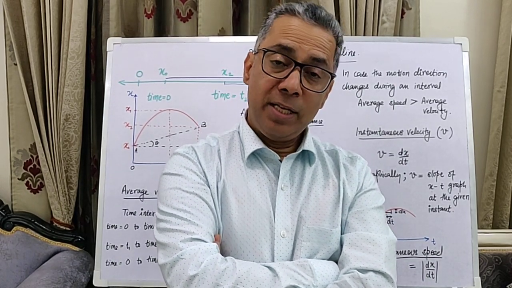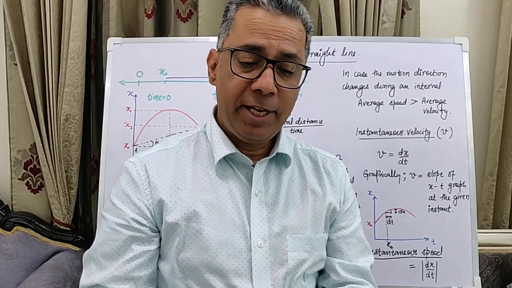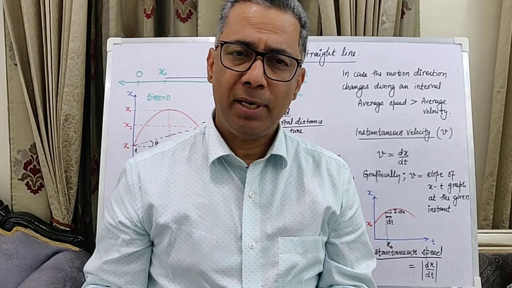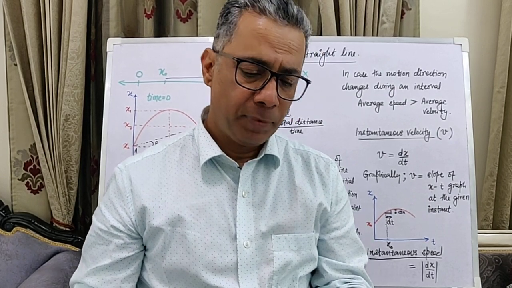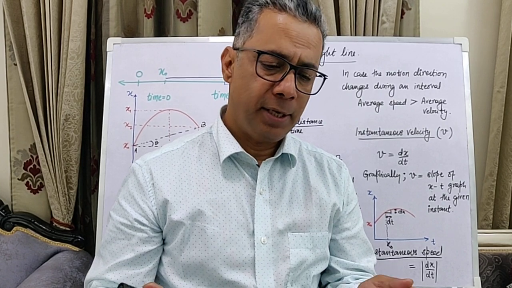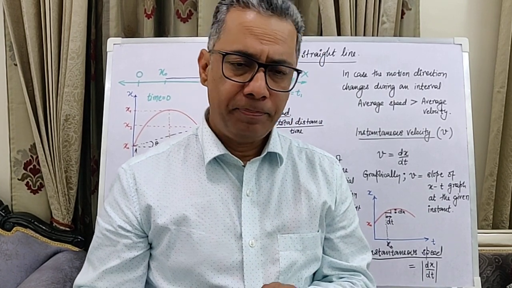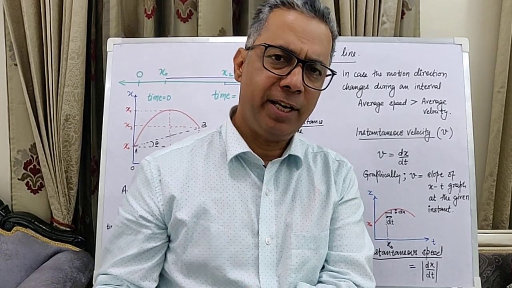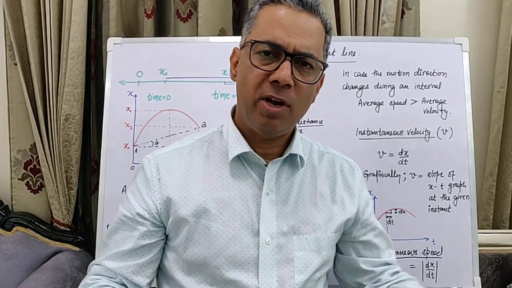Which tells me that the average speed with which I travel from home to my workplace is 40 kilometer per hour. If in half an hour I'm traveling 20 kilometer, then in 1 hour I'll be traveling 40, right?